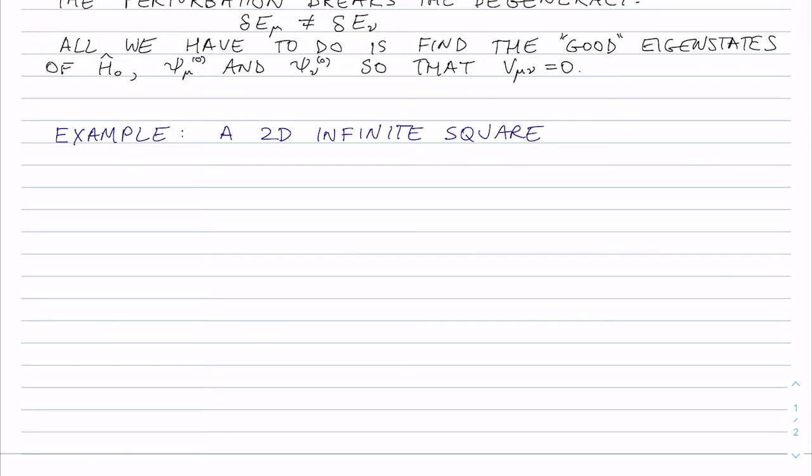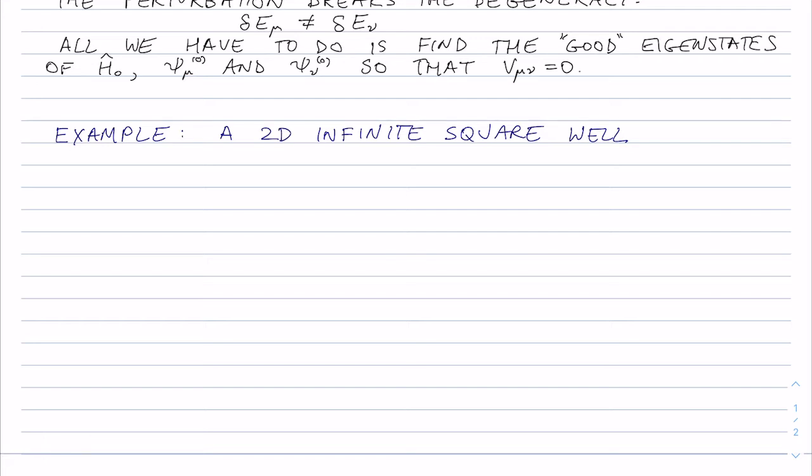And I'm going to use one of my favorite systems for a perturbation theory problem, which is the infinite square well. Why do we like that one? Because we know the solutions and they're easy to manipulate.